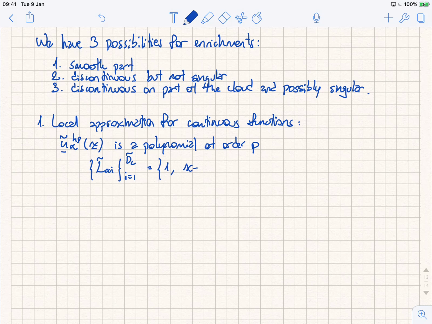We have seen them already in the previous case. Okay, this doesn't change. One question. And these are the polynomials of degree p minus 1.